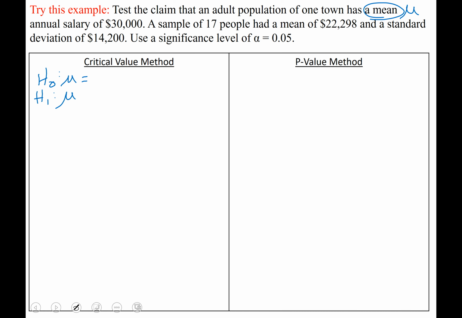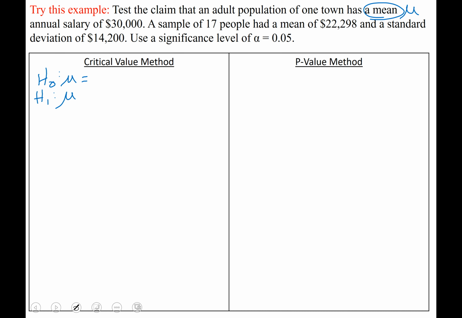Null always gets equals. Alternative has to do with the wording of the claim, that an adult population of one town has a mean annual salary of $30,000. They're claiming that it equals $30,000. They're not claiming that it's greater than $30,000 or less than or equal to. They're claiming exactly $30,000.